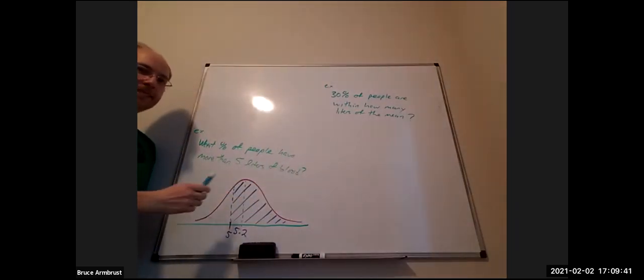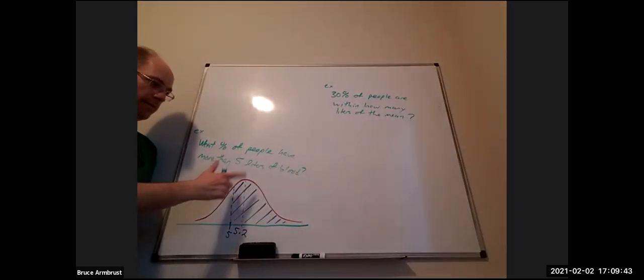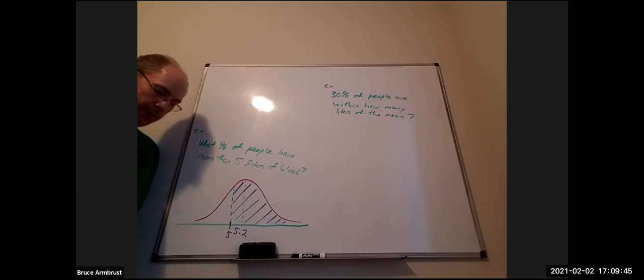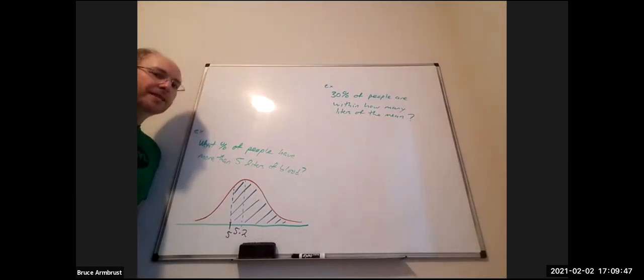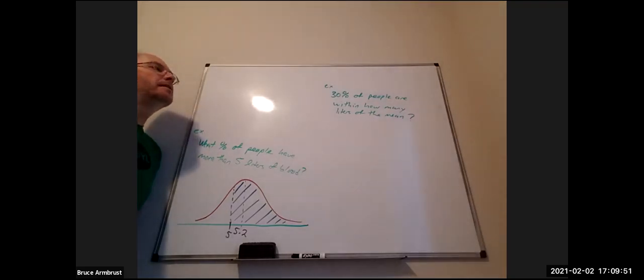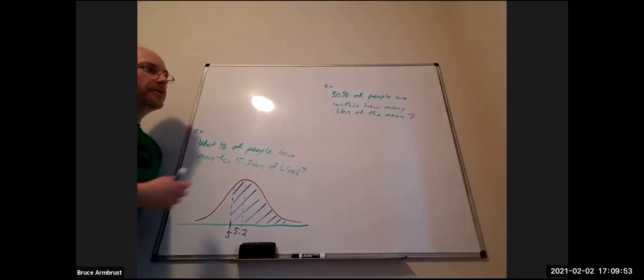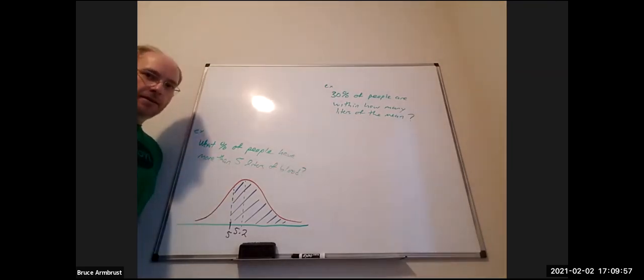So same question. I mean, we're still talking about the blood deal where we've got 5.2 liters on average with a standard deviation of 0.3. But I want to know, okay, 30% of people are within how many liters of the mean?